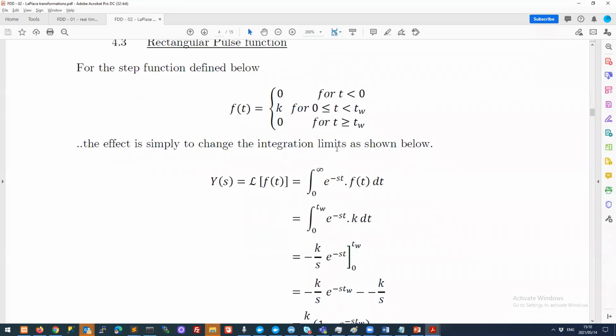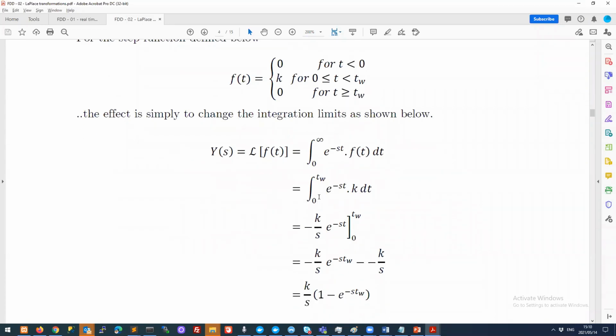And then if you apply that here, that means we don't have to integrate all the way to infinity. Our function is actually 0 after tw. So we can simplify this integral. We don't need to integrate after tw. So we change the upper limit to tw, and between 0 and tw, this function is k.